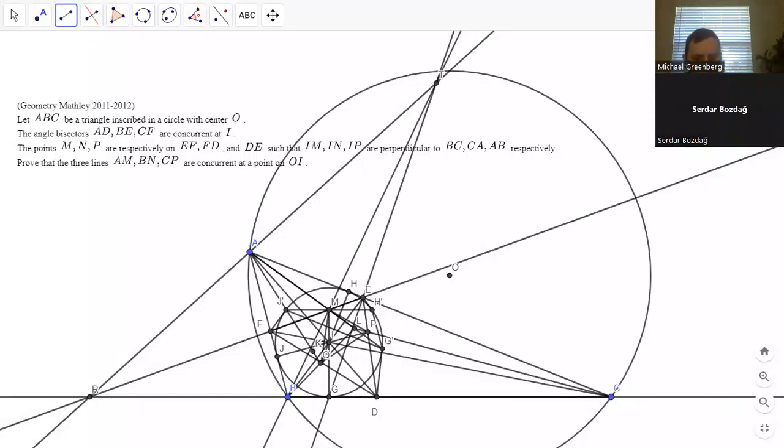All right, let's see. If I draw AG. Can you draw the A excenter? The A excenter, sure.